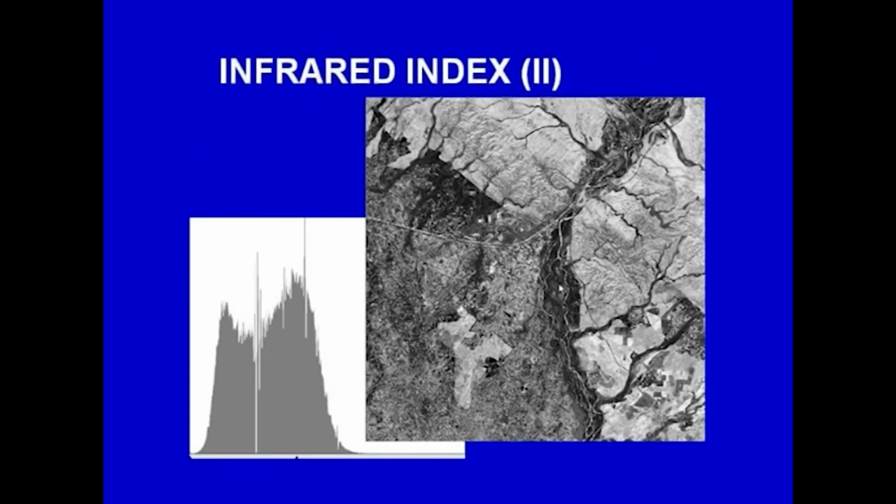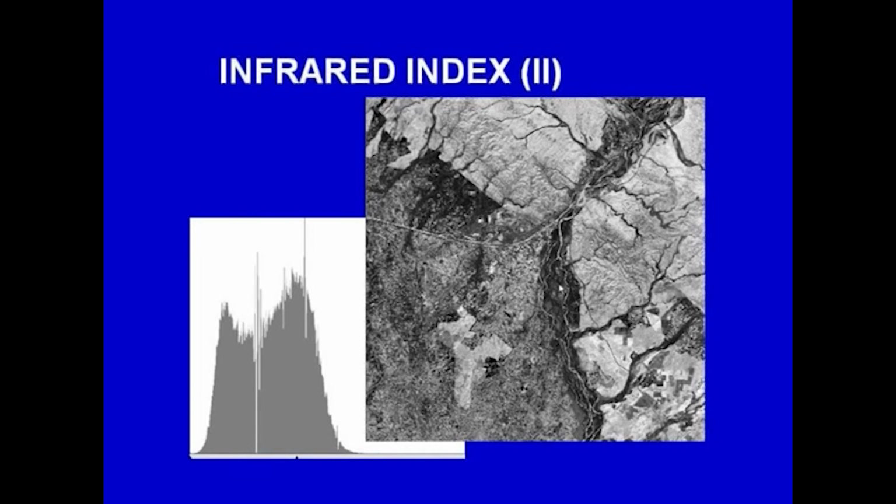Here we can see the IIR image which has been generated, and what we can find here is that the information of the vegetation in terms of its stresses can be seen very clearly. Wherever there is a stress, this is seen very clearly in the agricultural domains.